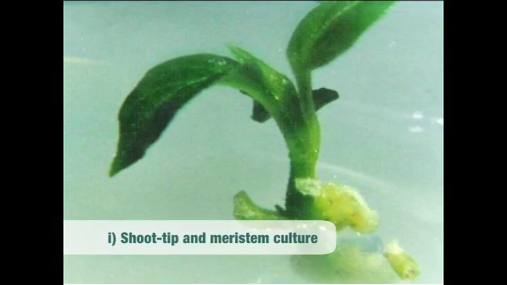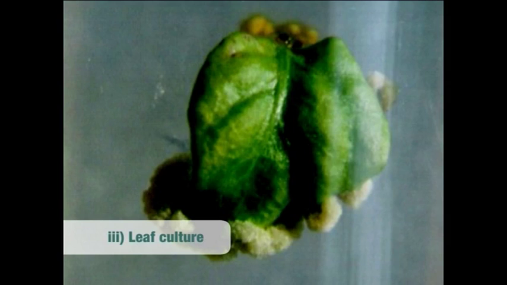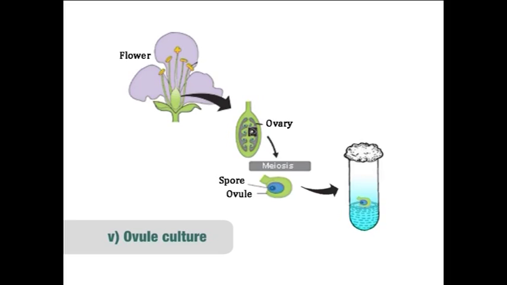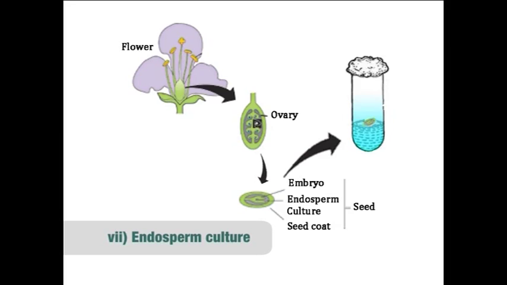The first type is the shoot and meristem culture, second is the root culture, thirdly leaf culture, fourthly anther and pollen culture, fifth is the ovule culture, then flower culture and endosperm culture.